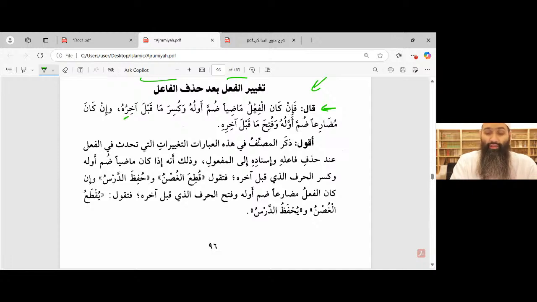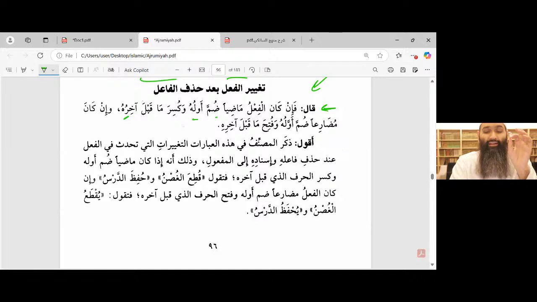He said if the fi'l is madi, how do you change it? ضم أوله, the first letter has a dhamm on it. وكسر ما قبل آخره.